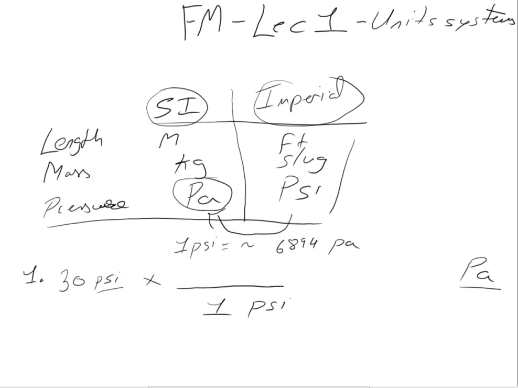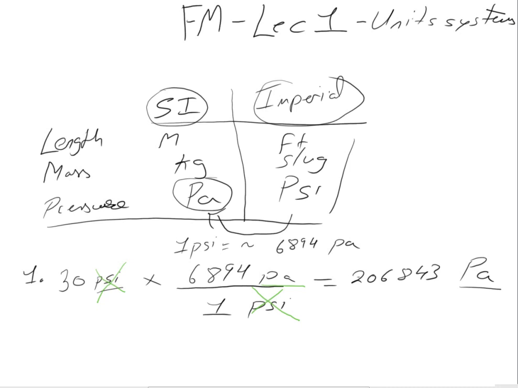So 1 PSI is 6894 PA, which gives me, if you multiply 30 by 6894, somewhere about 206843. So what we just did here is we got rid of PSIs. So that leaves me with PA.